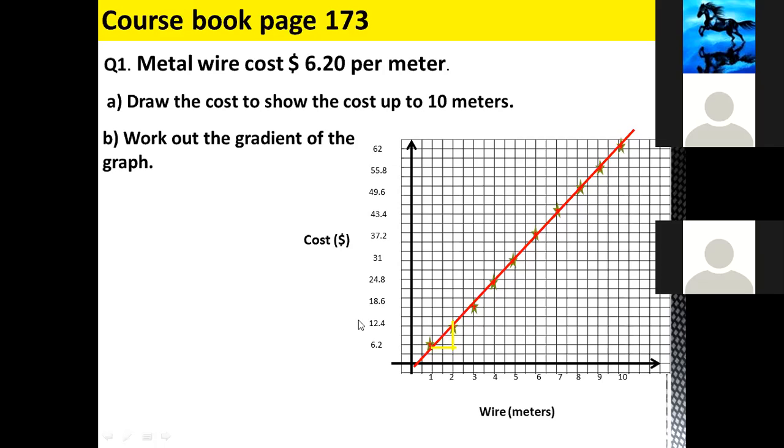This jump is 6.2 divided by how many units? From 1 to 2 is 1 unit, so it's 6.2 divided by 1, and that means the gradient is 6.2. Thank you very much, Rama.